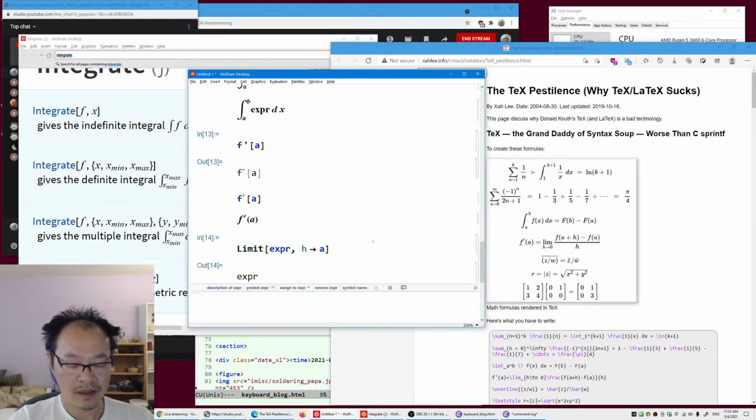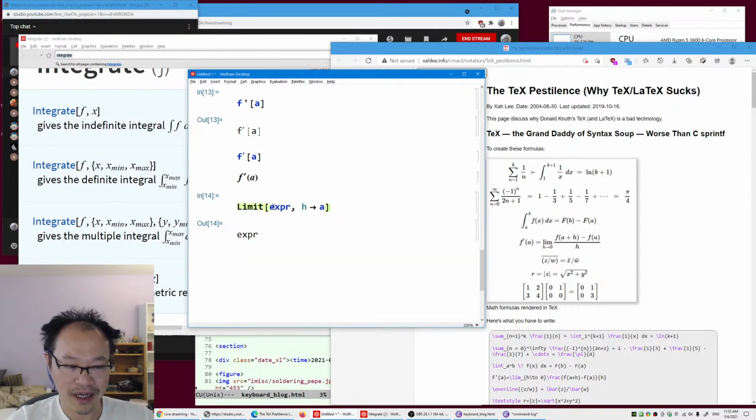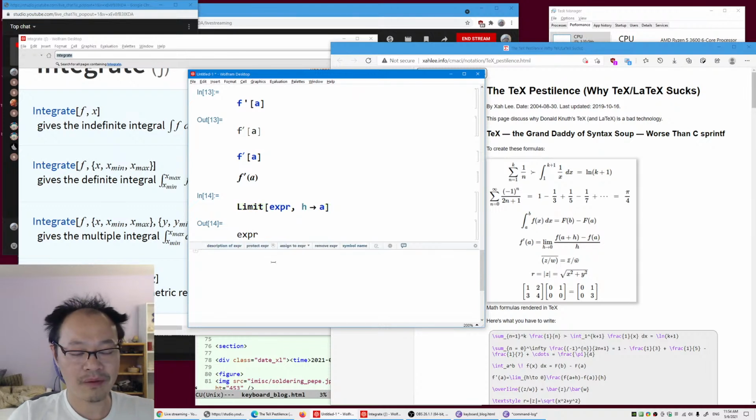That's how you do limit. They actually evaluated this limit and reduced it to just the expression symbol. Why? Because when you have a limit and the variable does not appear in the expression, the result is the expression, something like that.